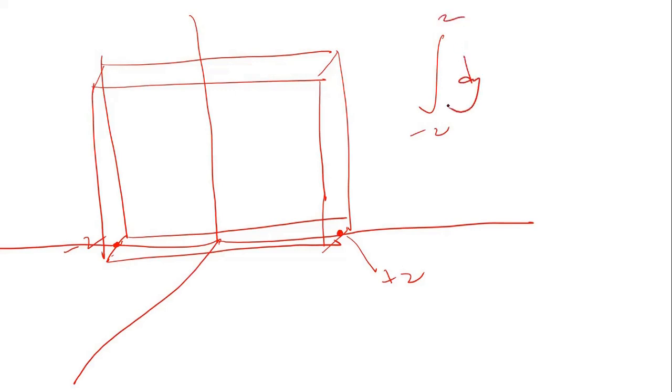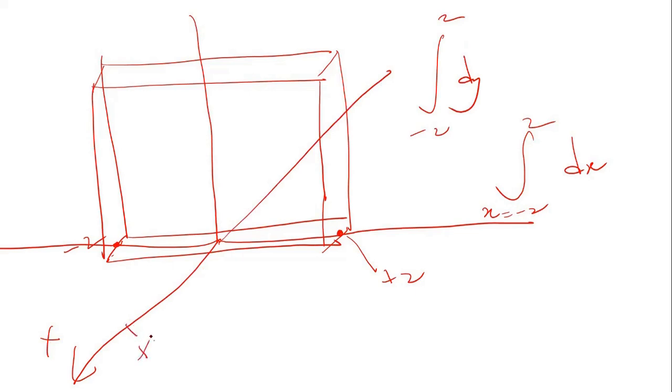Now after this, if you perform the integration of x from -2 to +2 again, you see that this is your x-axis. So there is +2 here, there is a -2 there.